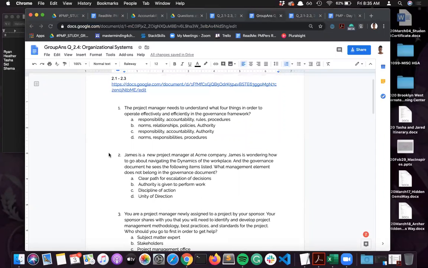So the project manager needs to understand what 4 things in order to operate effectively and efficiently in the governance framework. A, responsibility, accountability, rules, procedures. B, norms, relationship, policies, authority. C, responsibility, accountability, authority.